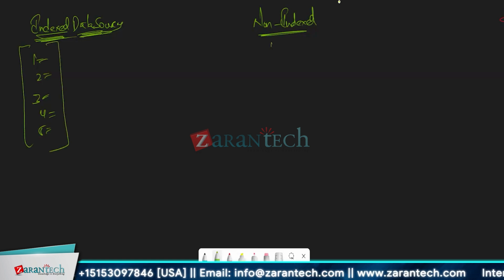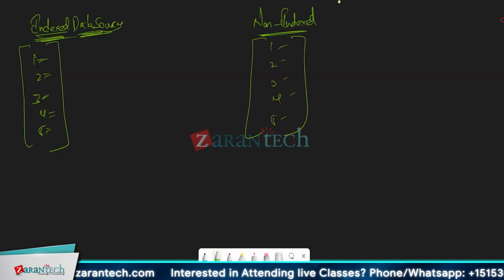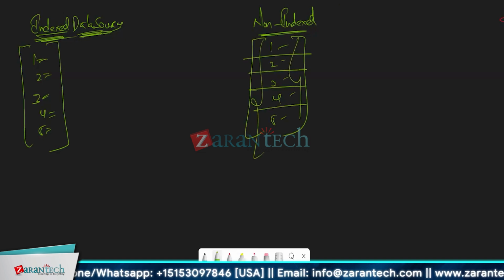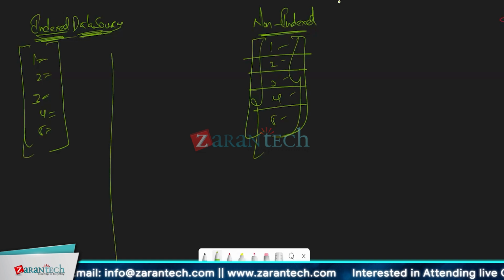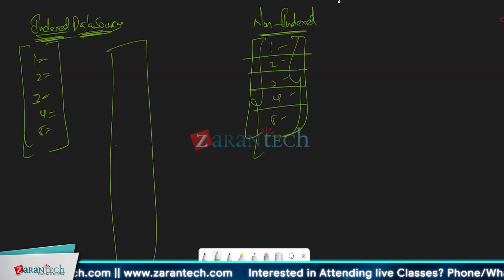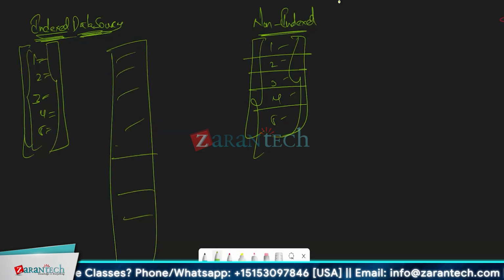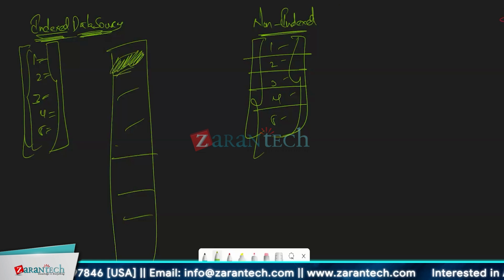Now non-indexed data sources are where the data sources still exist in Workday, but those are not indexed, meaning Workday is going to go through the entire database before it fetches those specific details. So when it comes to indexing, let's say this is a database, and this value is indexed. Workday knows that these values are stored in this particular area of the database.